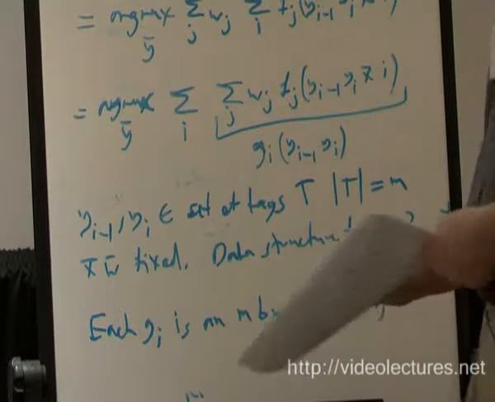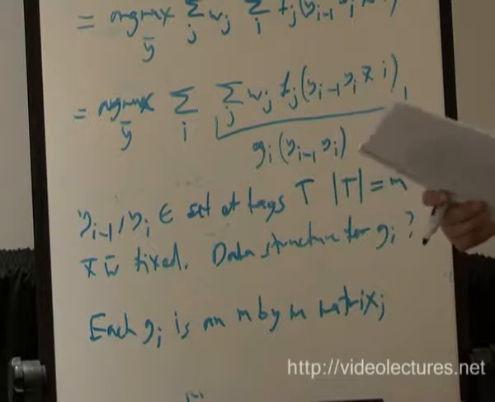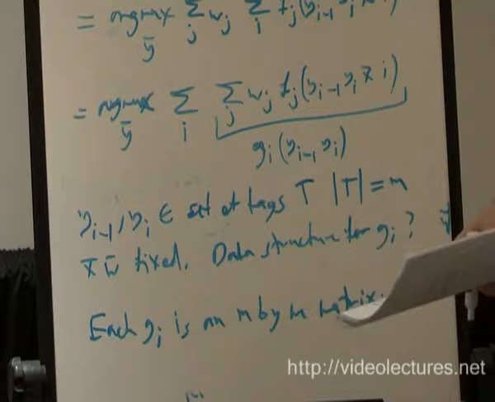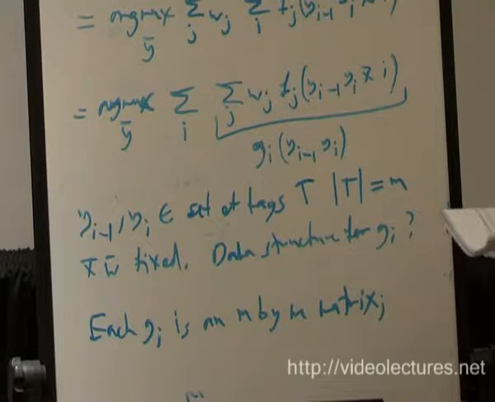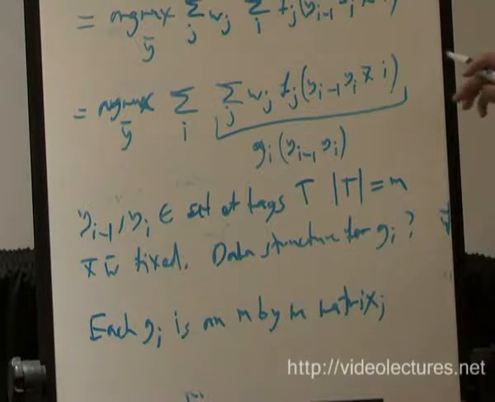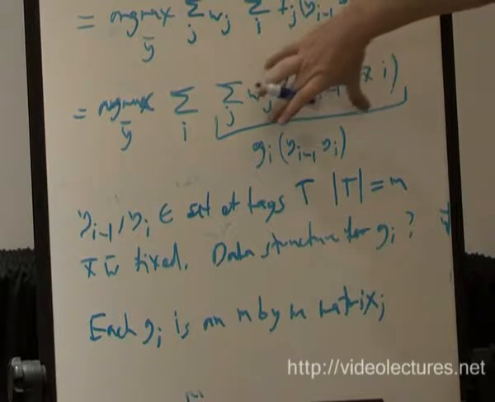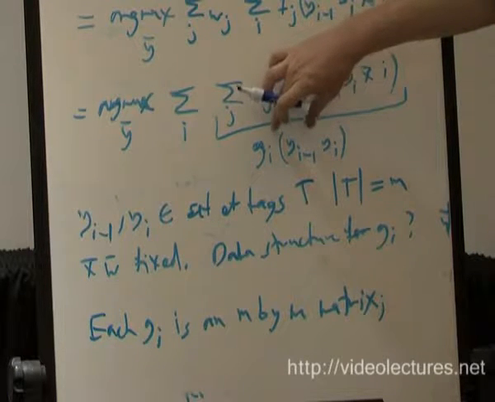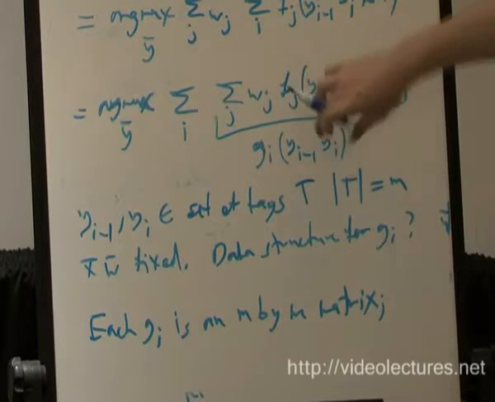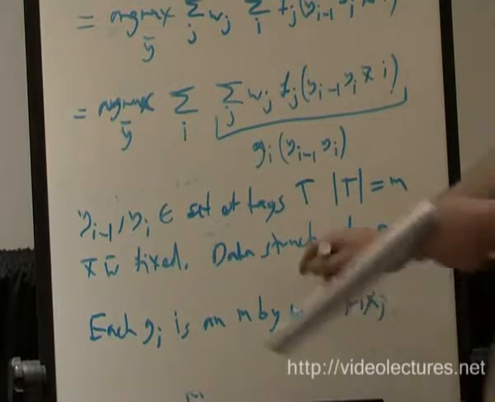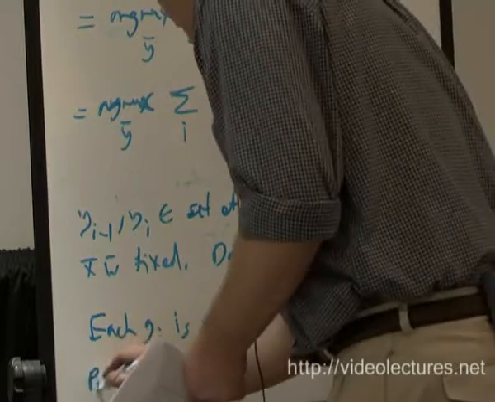Because of the adjacency condition that is required, g1 is an m by m matrix, g2 is an m by m matrix, g3 is an m by m matrix. So then pre-compute all of these.